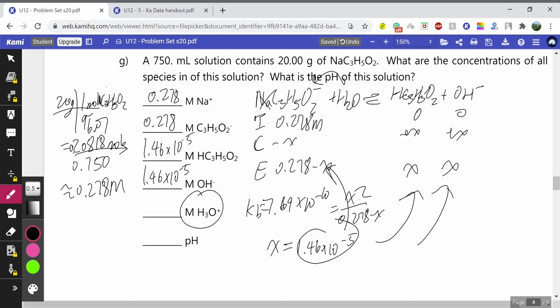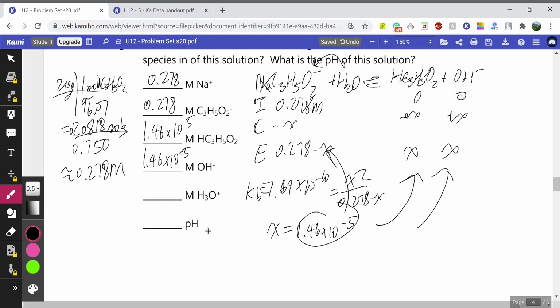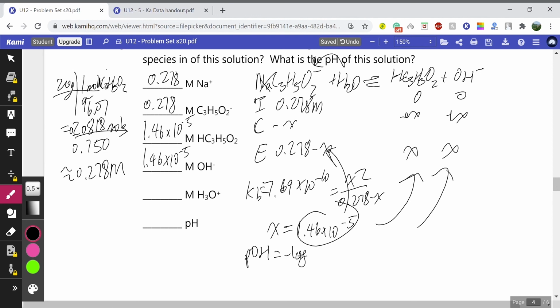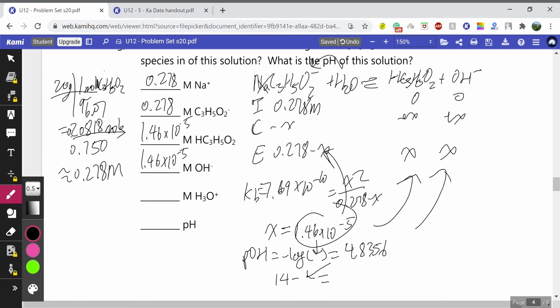Now for H3O plus, it's going to be a little bit tricky. First, let's find pOH. pOH is equal to the negative log of the concentration of OH minus, which is x. Negative log of 1.46 e to the negative 5th is 4.8356. Now if we do 14 minus that, let's round to 3 sig figs, it's 9.164.